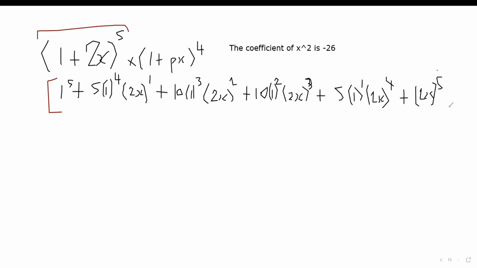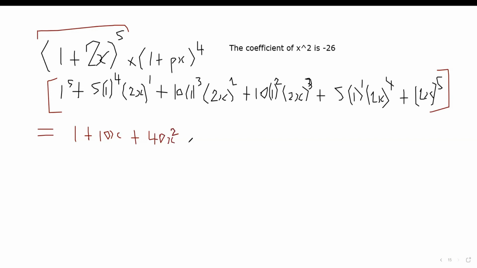So let's simplify this now. We get 1 plus, 5 times 1 times 2 is just 10, so 1 plus 10x, plus 10 times 1 cubed is 10, 2 squared is 4, so that is 40x squared.